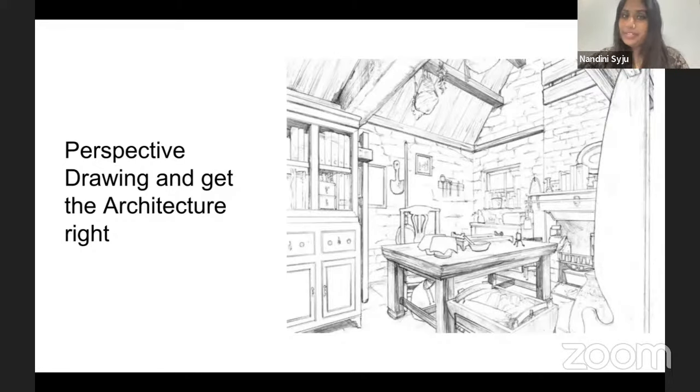But one important thing is, even if the perspective lines are off by a slight degree, it's all right. The important point here is to get the architecture right. So what do I mean by that? Let's say there is a slope and there is a beam on top. And beams are something that always come in these kind of questions.